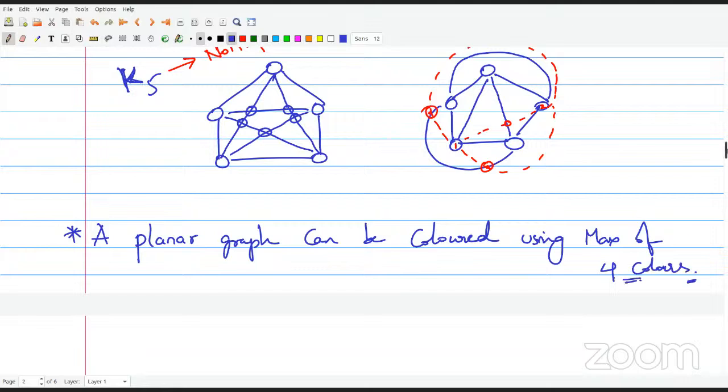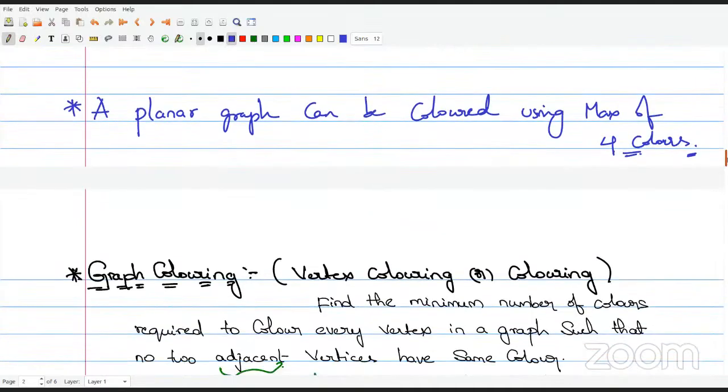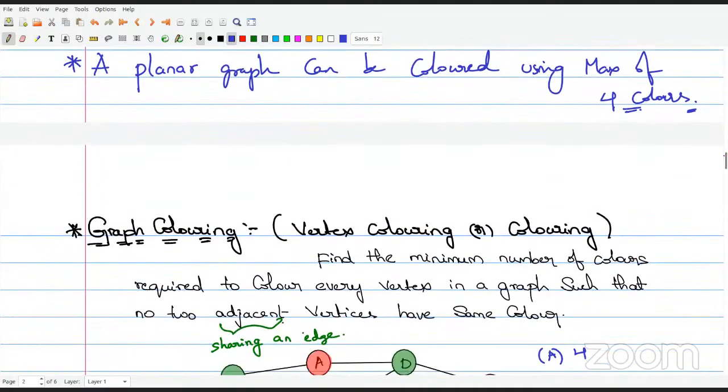So if you want to make a guess, okay, time is running out, and the graph which you are seeing on the screen is planar directly, no need to rearrange or anything. If we have asked you to use graph coloring, then to make a clear-cut guess, you should guess less than or equal to 4.